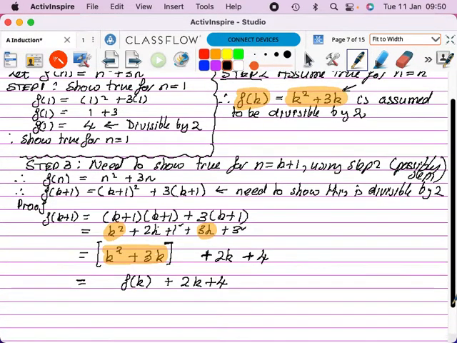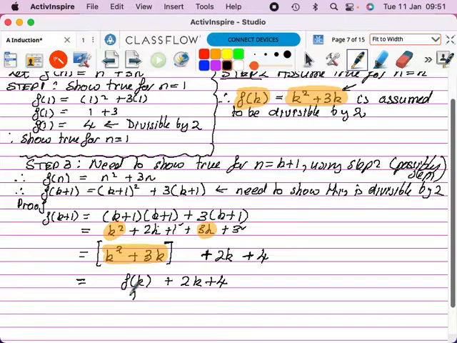So, bit of English. What do I know about this? I know this is divisible by 2 from step 2. And what do I know about each of these? Well, if something is multiplied by 2, clearly it's divisible by 2.